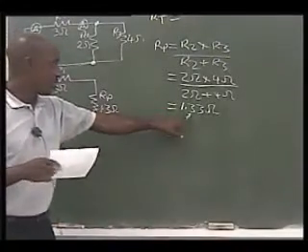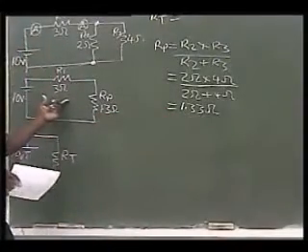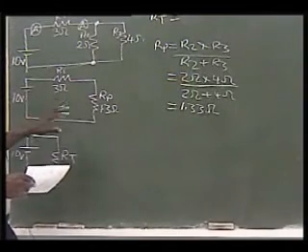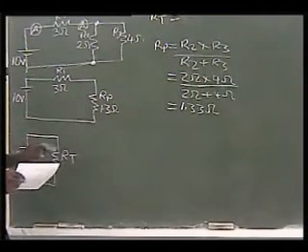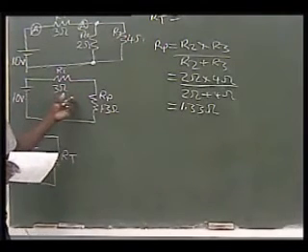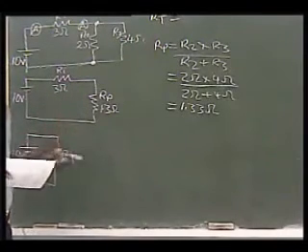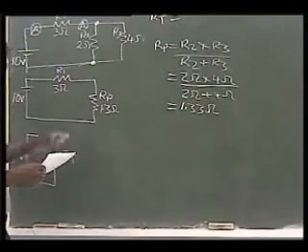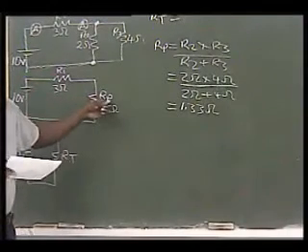Knowing this, I could redraw my circuit. If we look at this, what kind of circuit is this? That's right, it's a series circuit. We know how to find total resistance in a series circuit. It's simply going to be R1 plus Rp.